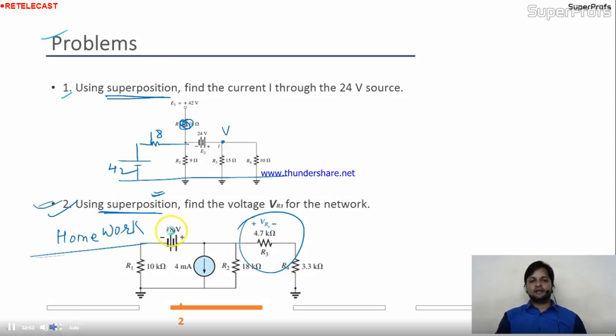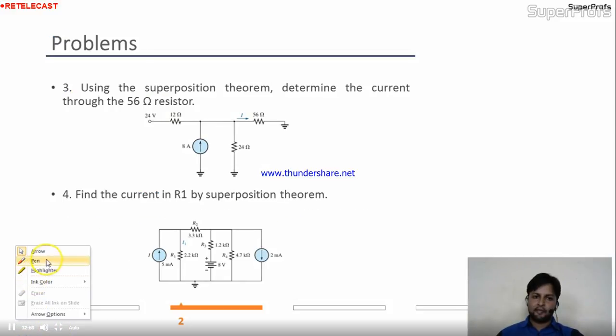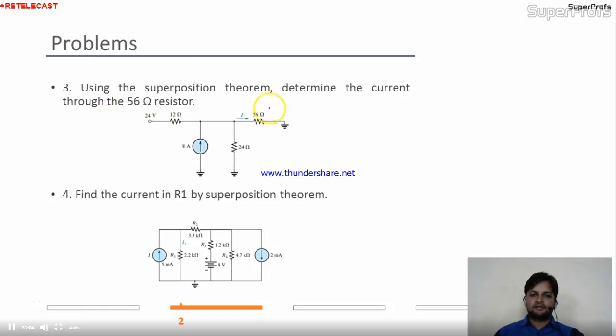Okay. Now, come to the next one. In this question, using the superposition theorem, determine the current through the 56 ohm resistor. Where is the 56 ohm resistor? Here it is. They already mentioned the direction of current also. So in your final calculation and your final answer, the I direction should be referenced because it's already given.